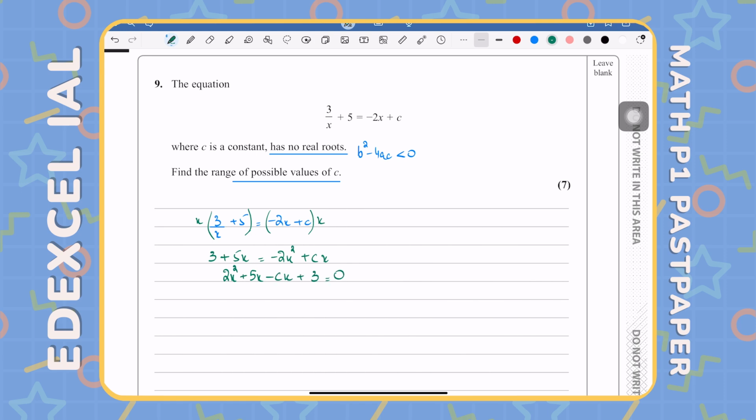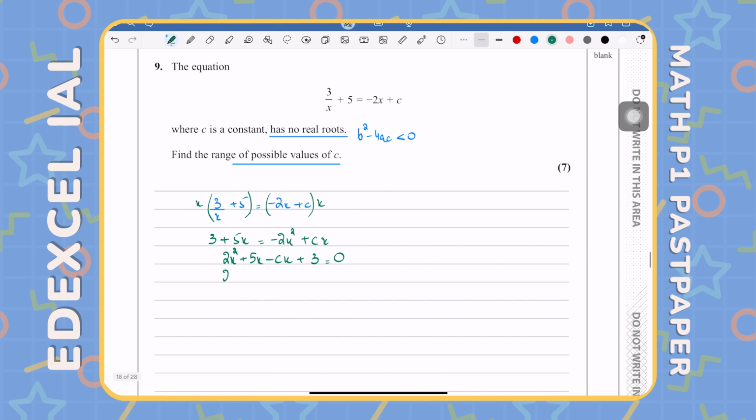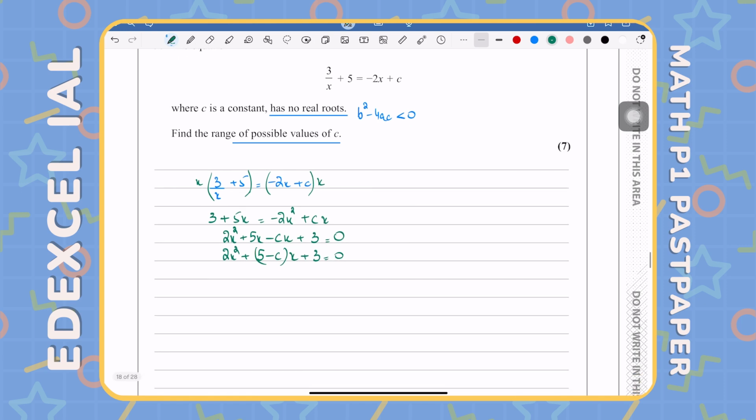So we've moved all the terms to the left hand side. Now let's factor x, meaning let's take x common. Now you can see that it's starting to look like a quadratic equation, meaning that we can compare it with ax squared plus bx plus c, and we will have the values of a, b, and c. So a is equal to 2, b is equal to 5 minus c, and c is equal to 3.